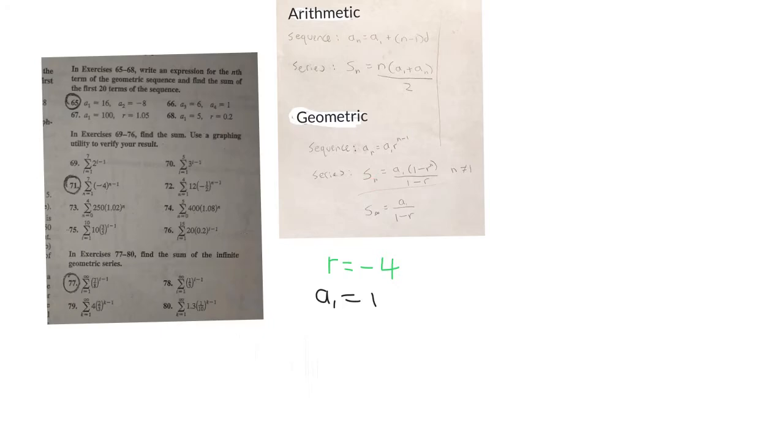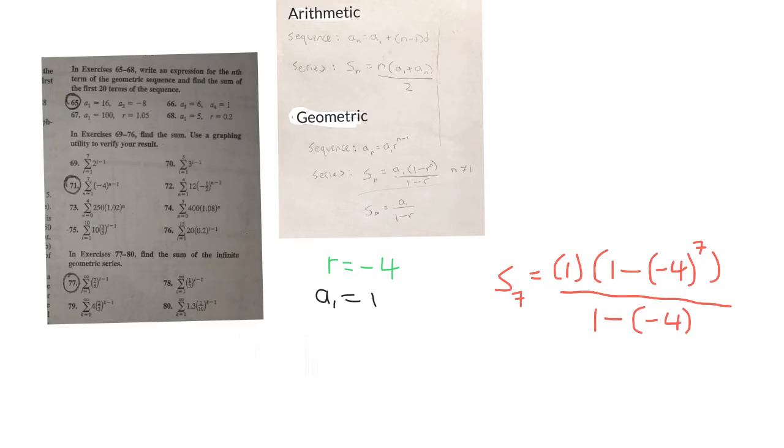And let's take a look at that. So we have S sub 7 equals the first term, which is 1, times 1 minus whatever r is. Now r we already discovered is negative 4, and that's going to be raised to the n power, so that's 7 right there. And that's going to be all over 1 minus r. Okay?